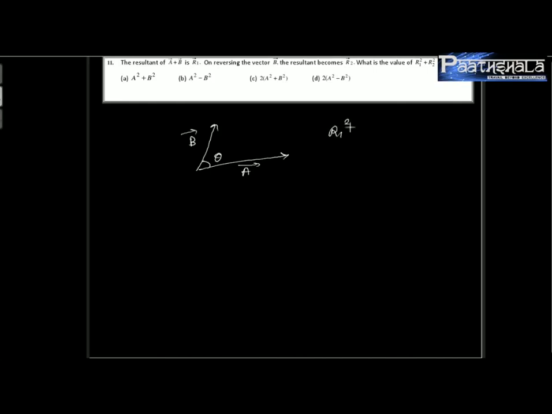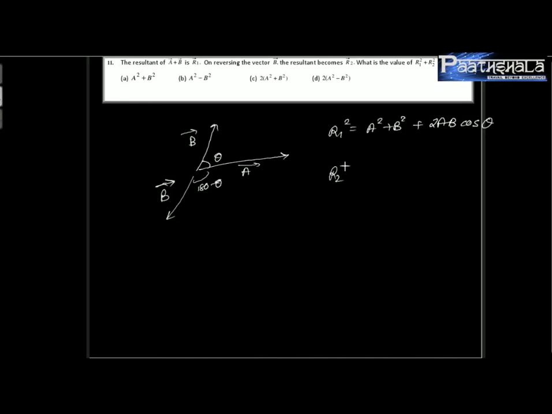The angle between them was theta. So R1 square is, as we know, A square plus B square plus 2AB cos of theta. If you reverse B now, the angle becomes 180 minus theta. It is not difficult to fathom that the new angle is 180 minus theta.